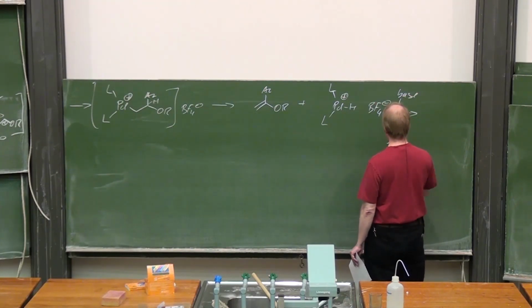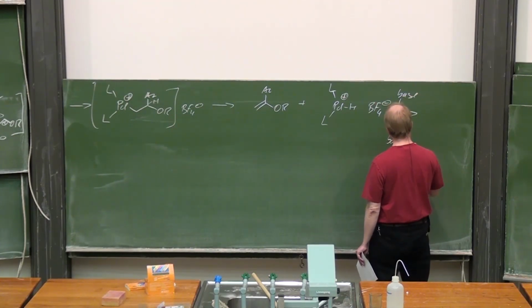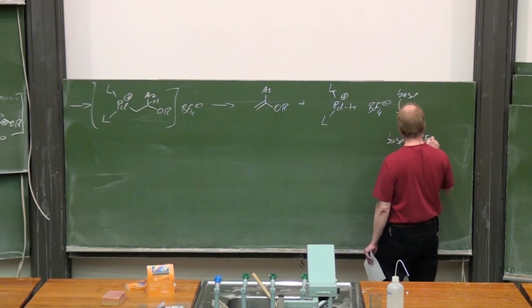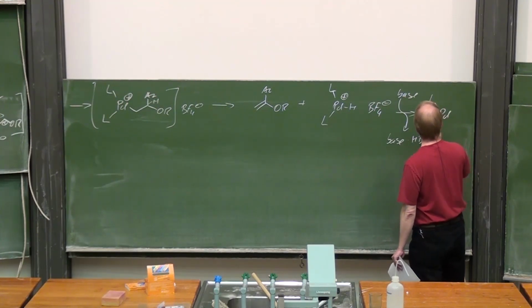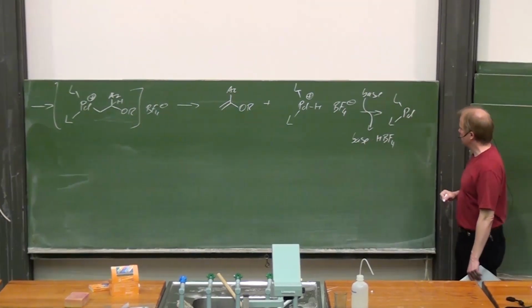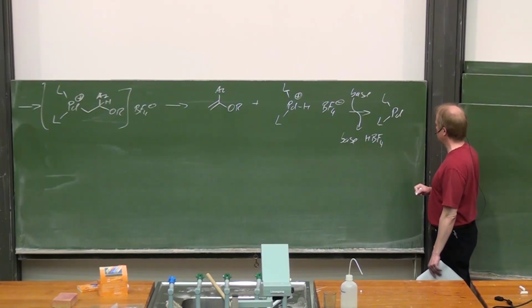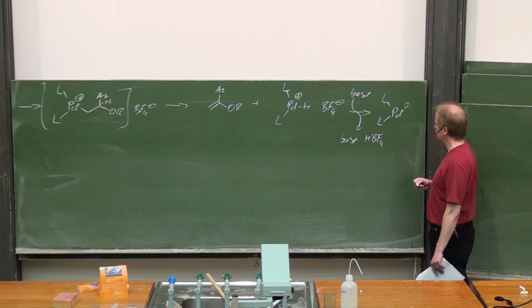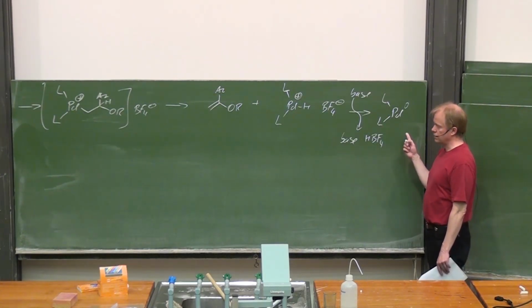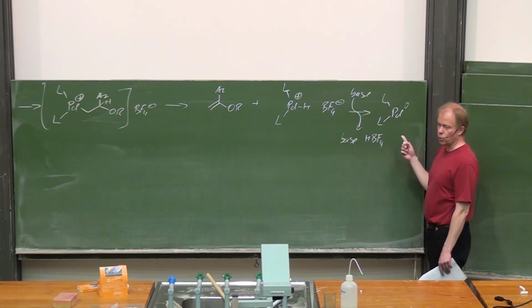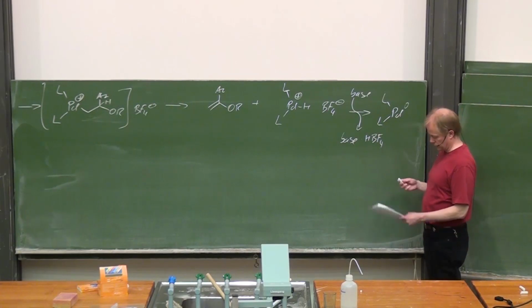The base traps HBF4 and the catalytically active 14 electron palladium 0 complex is formed again and goes into the catalytic cycle again, and this also explains why we need the silver salt in stoichiometric amounts.